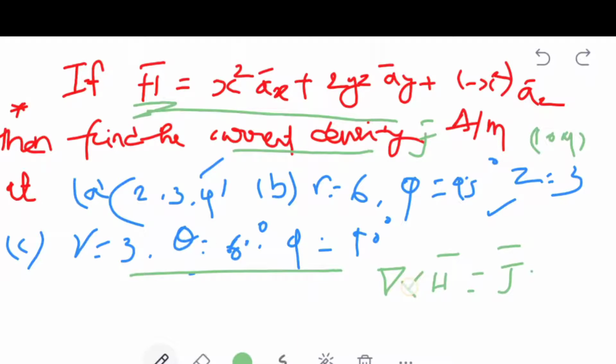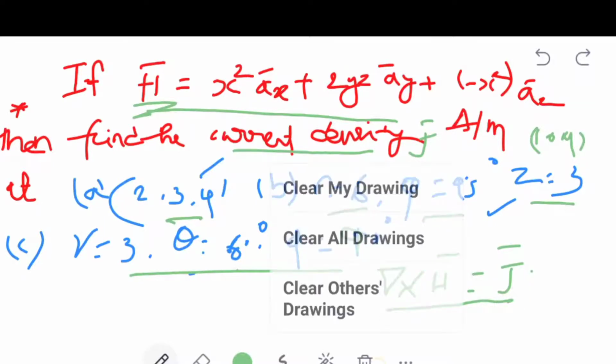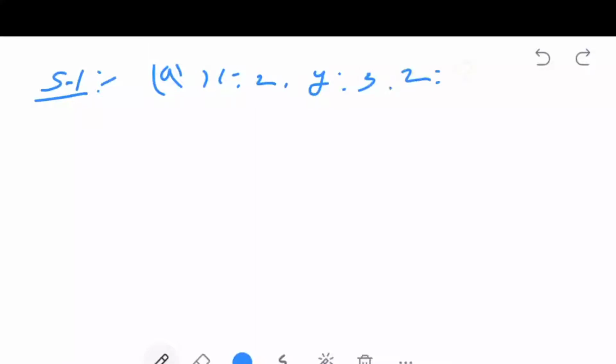First we are using the formula del cross H equal to J. Now we go for the solution by using del cross H equal to J. In the form of a determinant, we can write the solution. Solution: point A is x equal to 2, y equal to 3, z equal to 4.